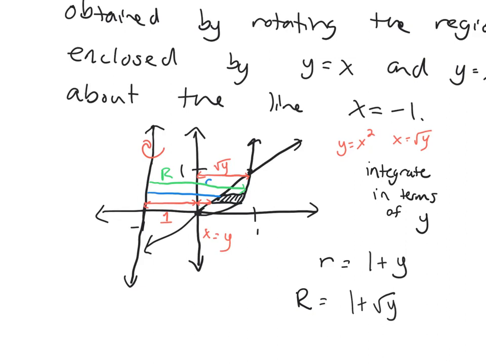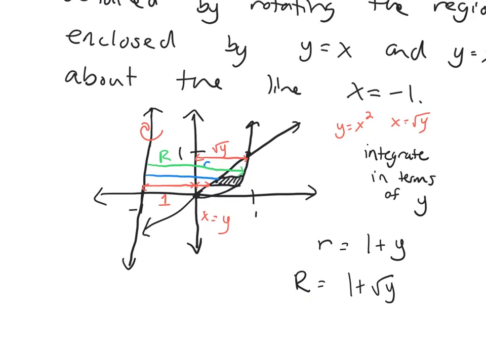If I do too much math in my head, I don't get it quite right. So I know there are lots of colors going on. If you need to do this for yourself on your paper, you can color code things, or you can make 2 separate pictures, one to figure out little r, one to figure out big R. Okay, so there's our little r and our big R.